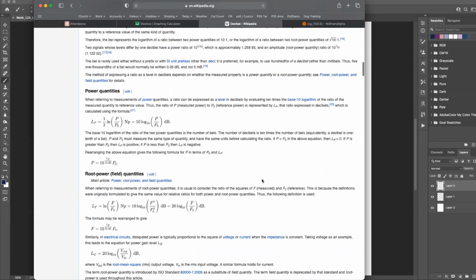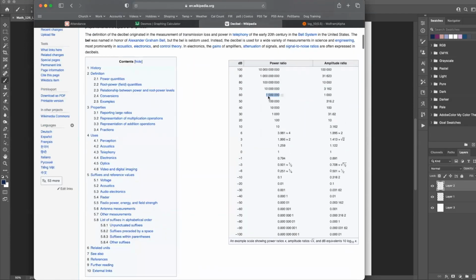But if we look up here, normal conversation would be 1,000,000 times more powerful than the slightest inaudible noise. The telephone ringing is 100 million.